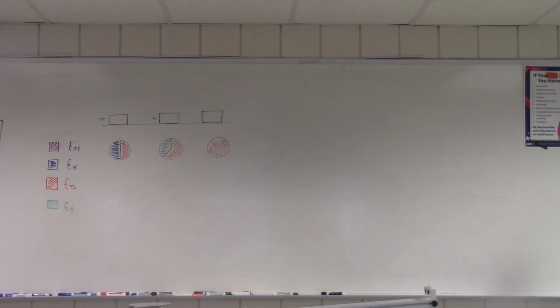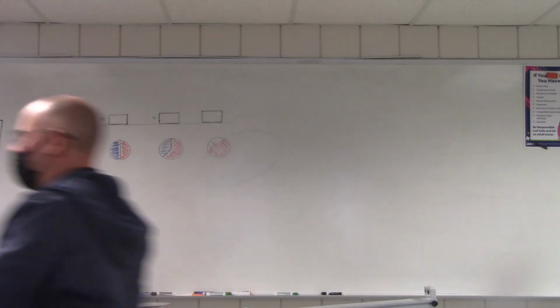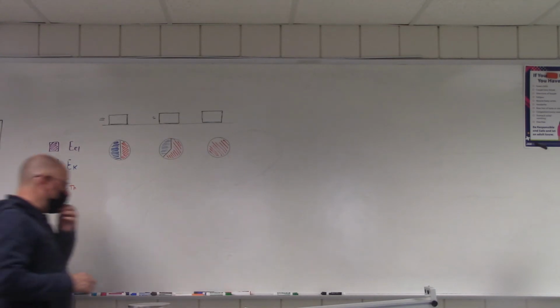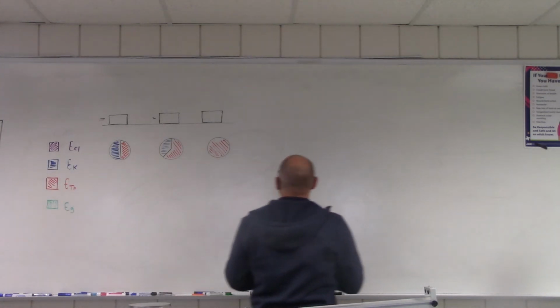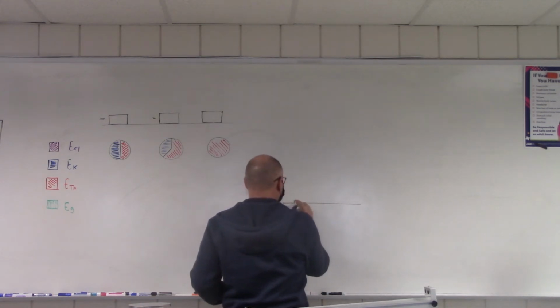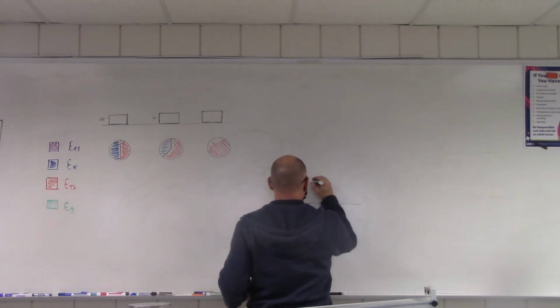All right, let's do another one. Ooh, let's do this one at the bottom here. I like this one. All right, so we got a block. It's pushing down on a spring of some sort. And that spring is going to launch it.